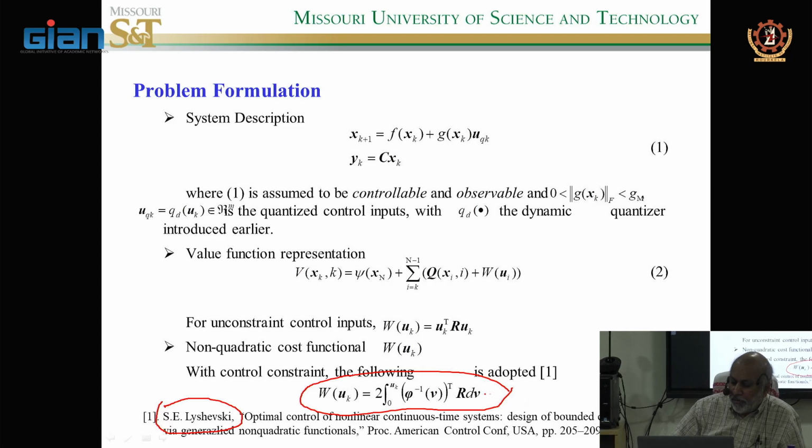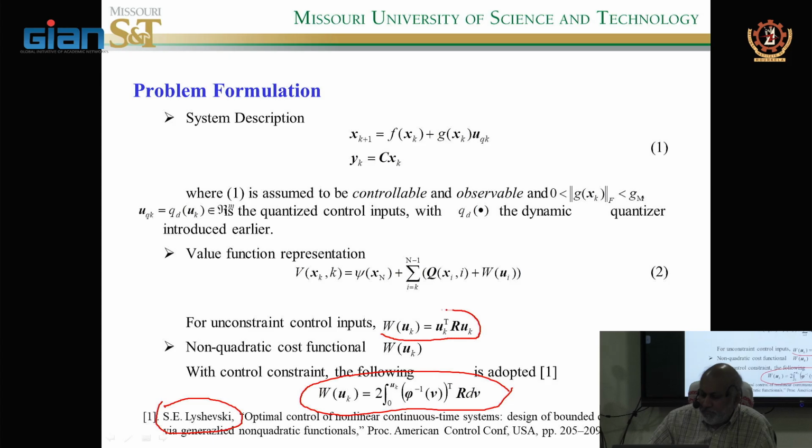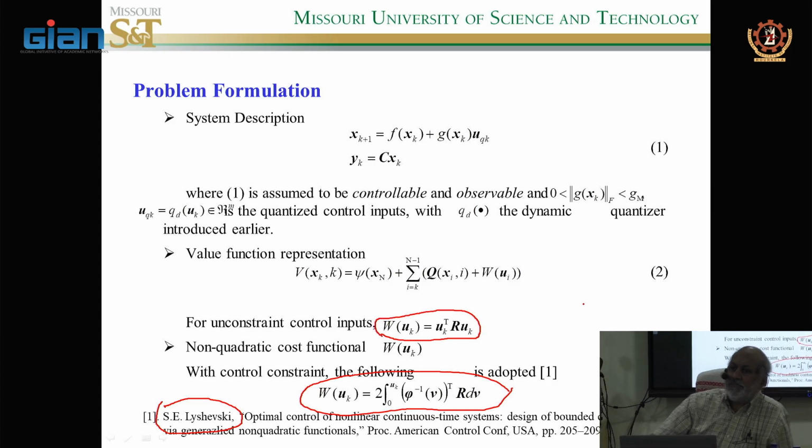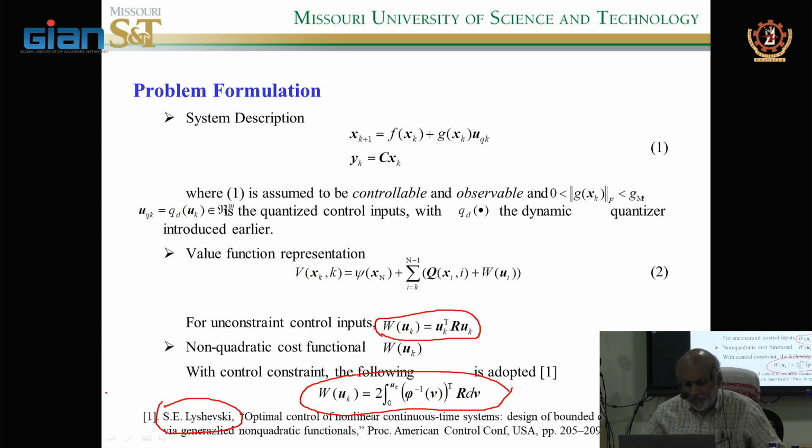Normally we select a quadratic function, unconstrained. But with the constraint on the actuator, you change this W function, and the function becomes non-quadratic.